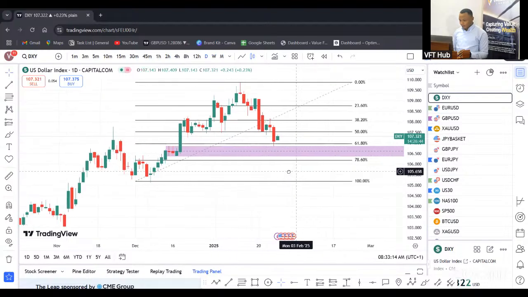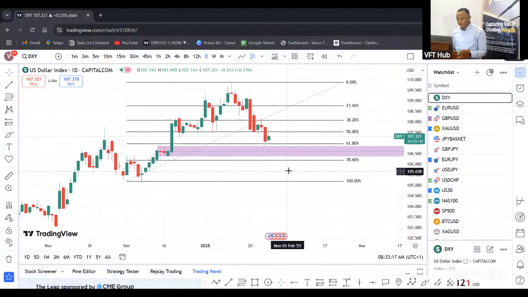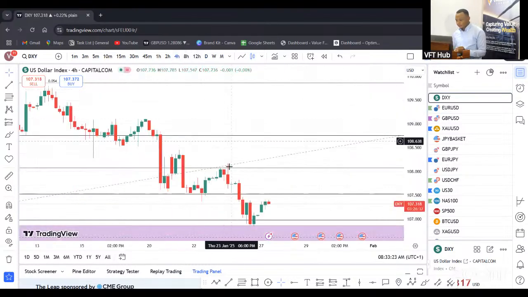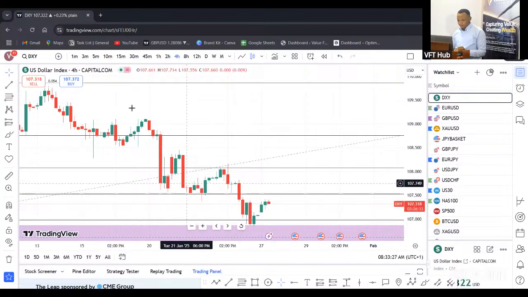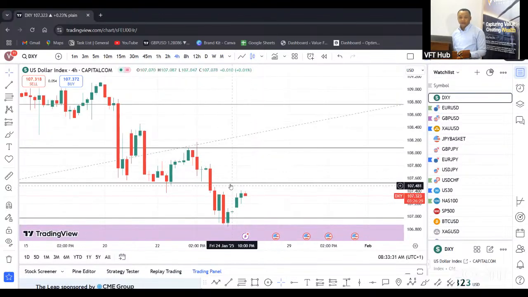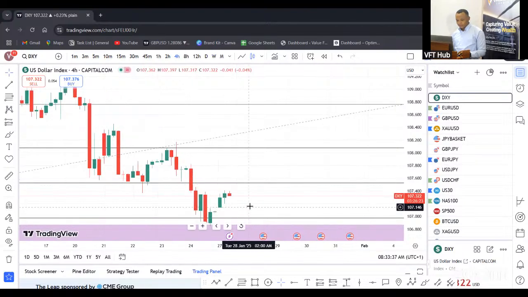For the 4-hour time frame of the dollar index, we're expecting to see price break structure clearly. On the lower time frame, we'll see that has already been happening, but we want it established on the 4-hour so that we fully go bullish on the dollar.